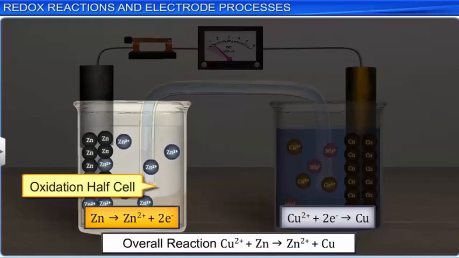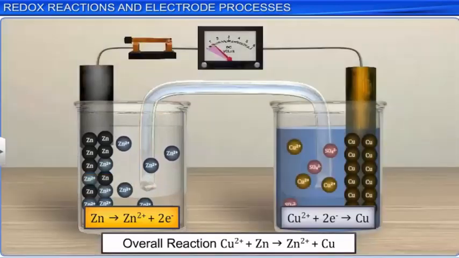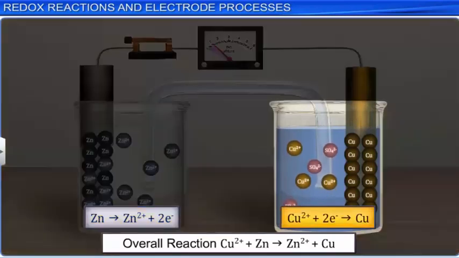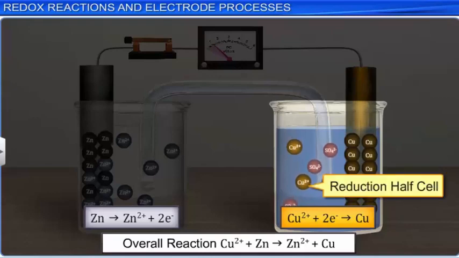The electrode at which oxidation takes place is called the anode. On the other hand, in the beaker in which the copper rod is dipped in copper sulfate solution, reduction of copper ions takes place, and it is referred to as the reduction half cell. The electrode at which reduction takes place is called the cathode.